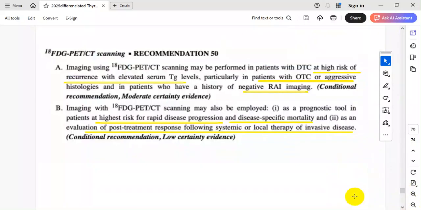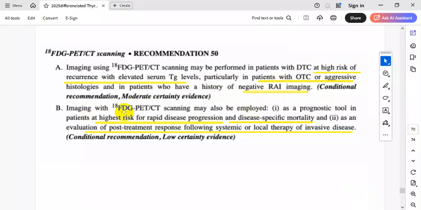18 FDG PET scan may be performed in patients with DTC at high risk of recurrence with elevated serum thyroglobulin levels, particularly in patients with oncocytic thyroid carcinoma or aggressive histological features, and in patients who have a history of negative radioiodine imaging.